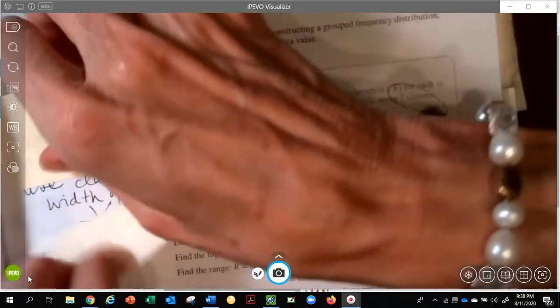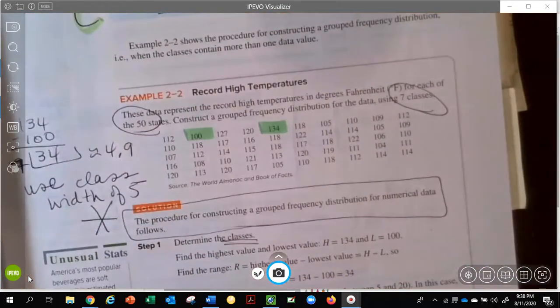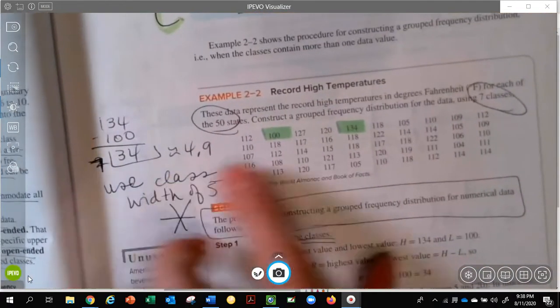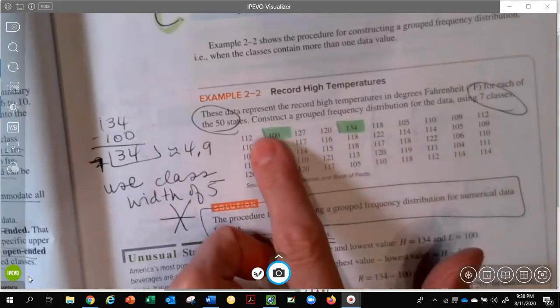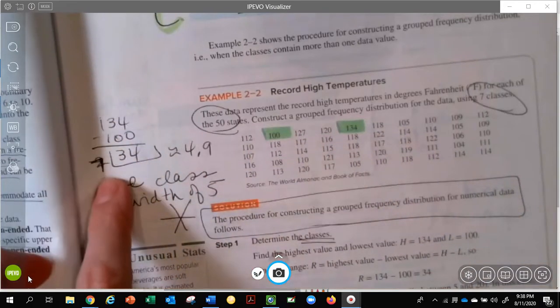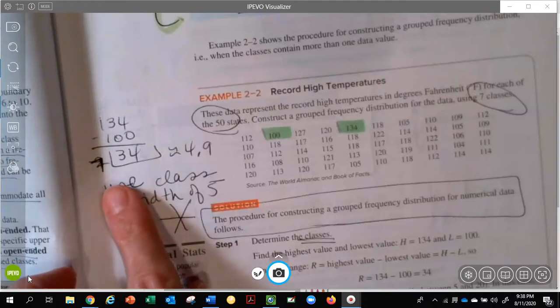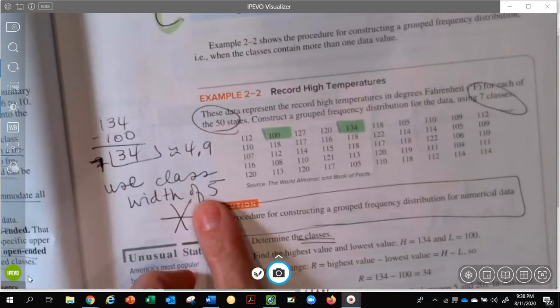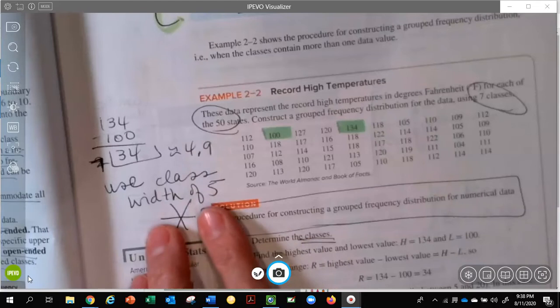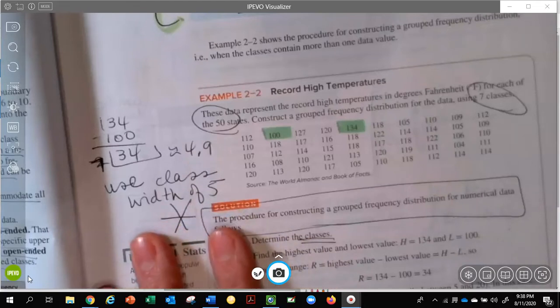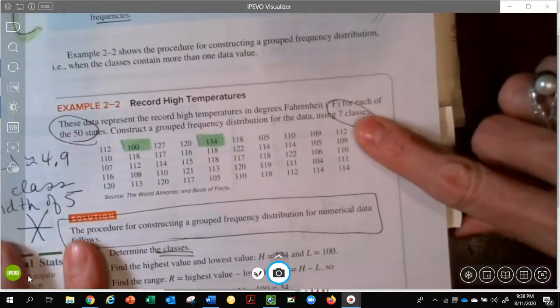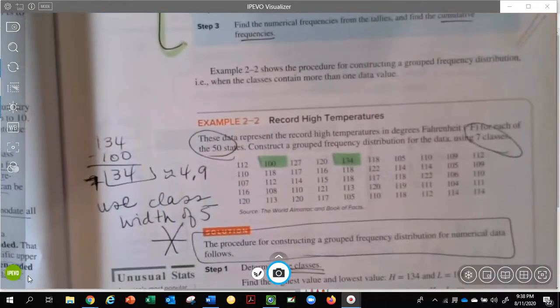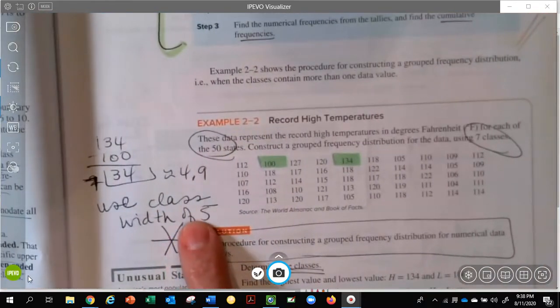And so off on the side, I've already calculated that our highest number is 134 and lowest is 100. When we subtract, which is the range, divide by 7, we get 4 9/10, and we round up and we get a class width of 5. So, sorry, the number of classes is 7. The class width is going to be 5.